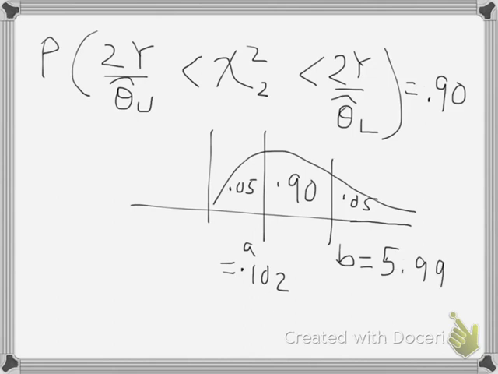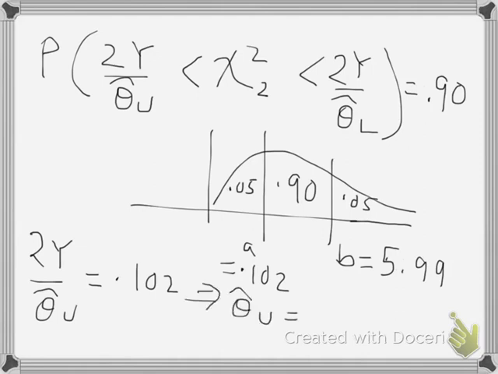So 2y over theta hat upper is 0.102, which implies theta hat upper is equal to 2y over 0.102.